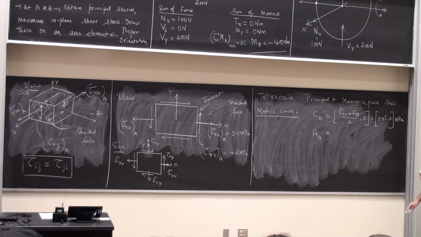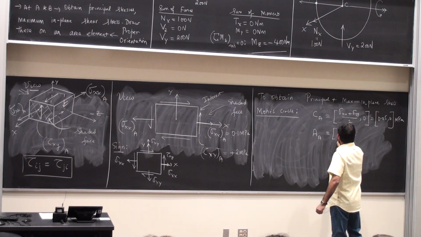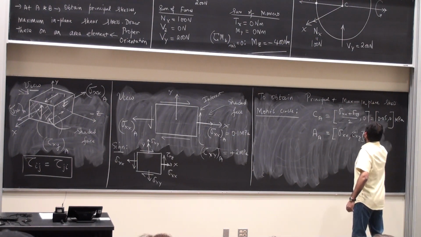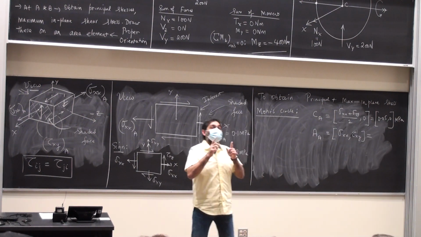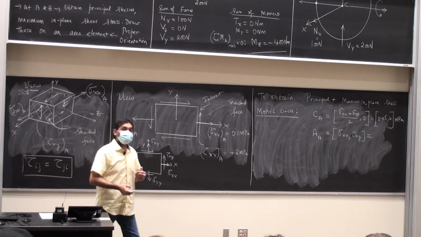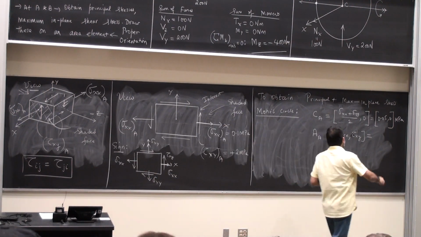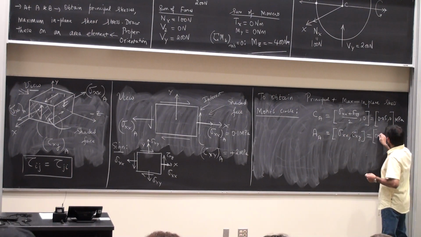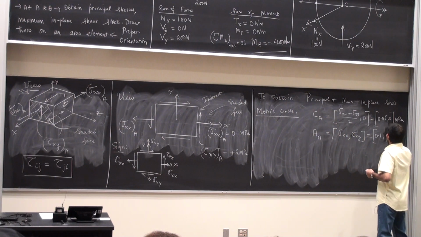For the point A, sigma xx and tau xy. According to our sign convention, both of them ended up being positive, so I just put them as positive. So this is going to be 0.1 and then 2 megapascals.